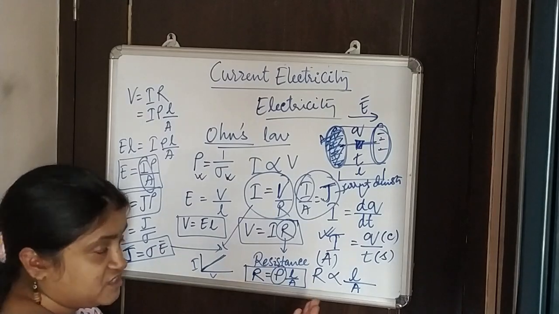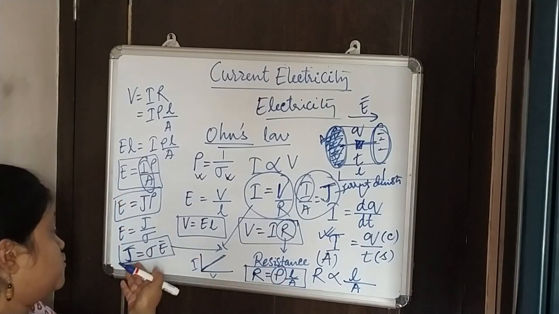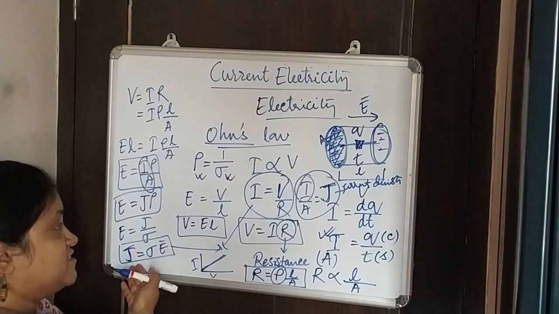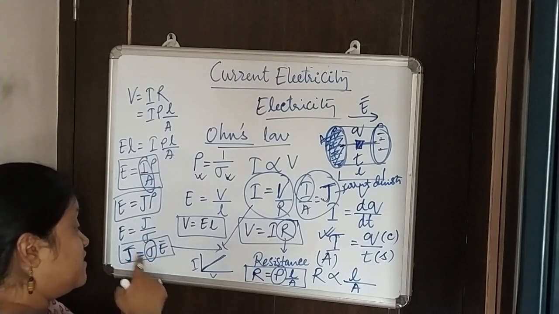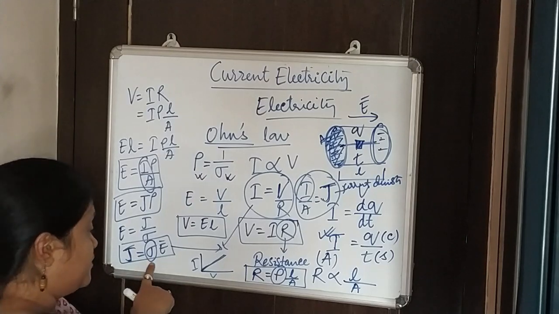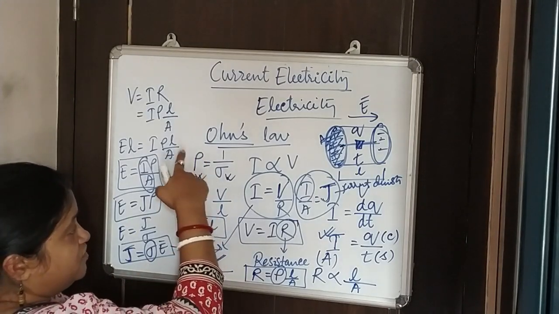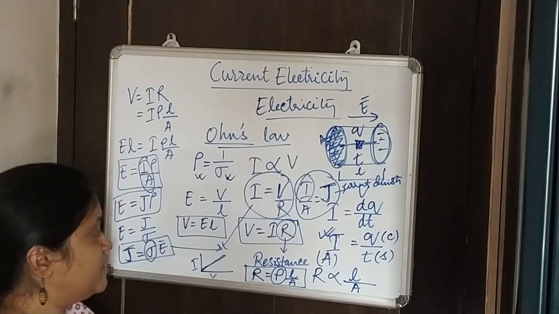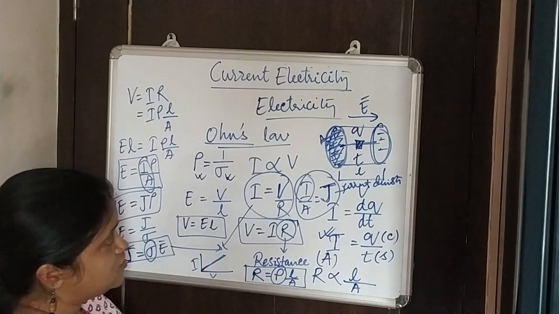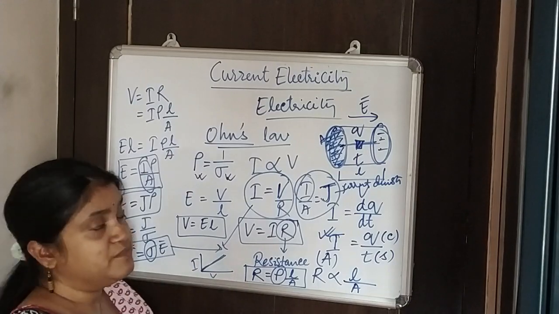It tells how much electric field would produce a certain amount of current density in the material, which depends on the conductance of the material. This is a property of the material which is inversely related to the resistivity of the material. So to start with, these concepts are very much important.